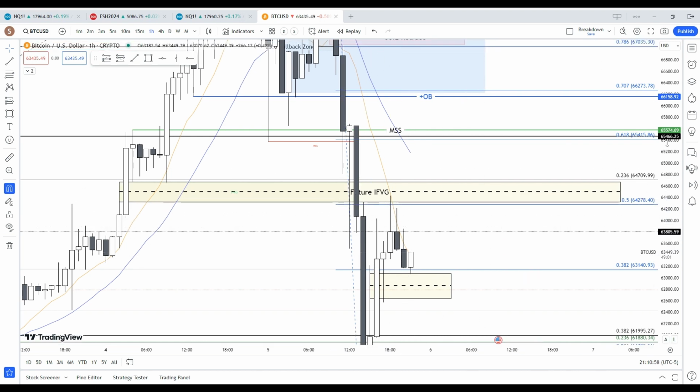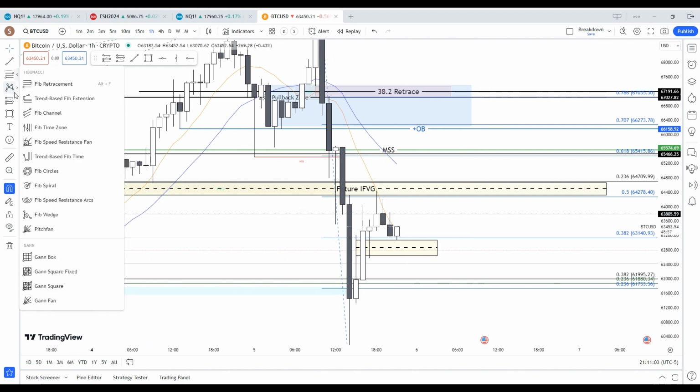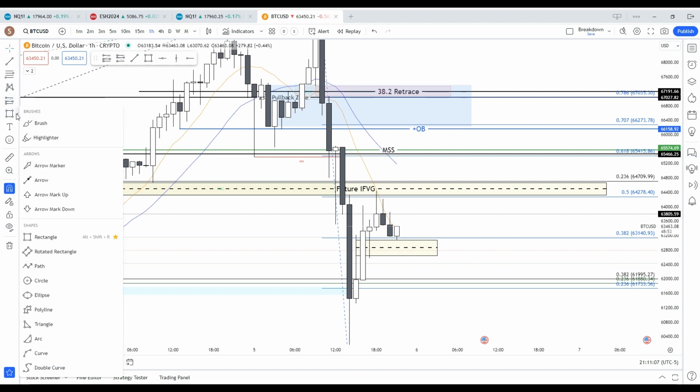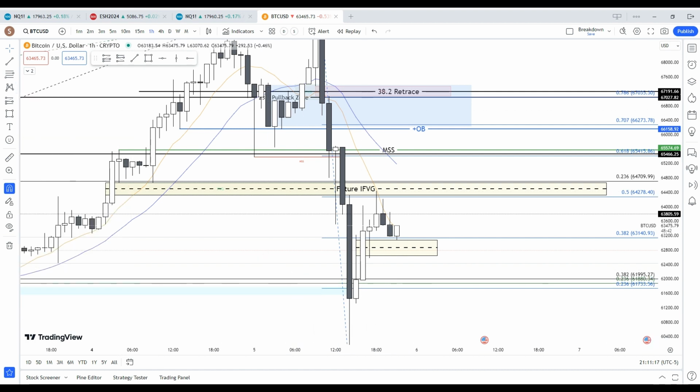We want to, let's see if we can do, oh, where's the arrows or whatever? I'll just draw it.